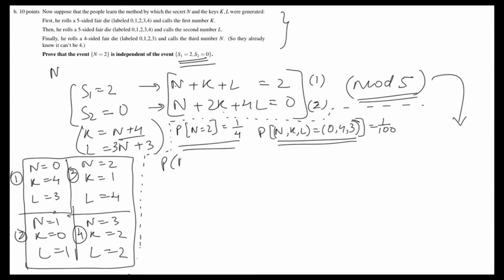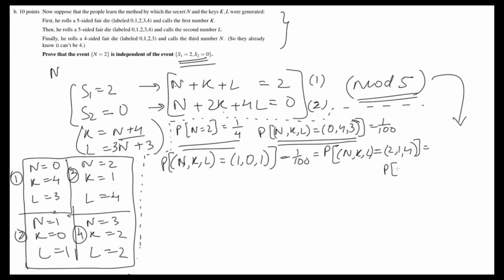Similarly, the probability of (N, K, L) equal to 1, 0, 1, just as we computed, is 1 over 100, which is also equal to the probability of (N, K, L) equal to 2, 1, 4, which is equal to the probability of (N, K, L) equal to 3, 2, 2, right? So all these are the same.